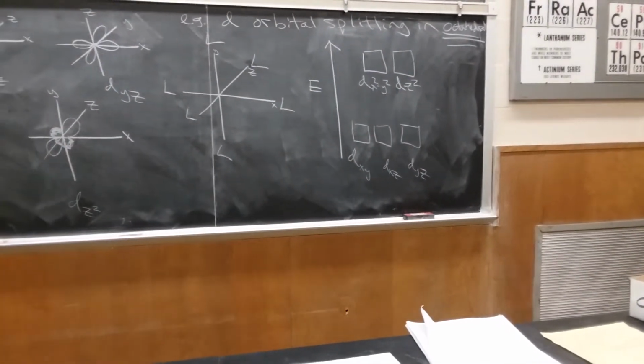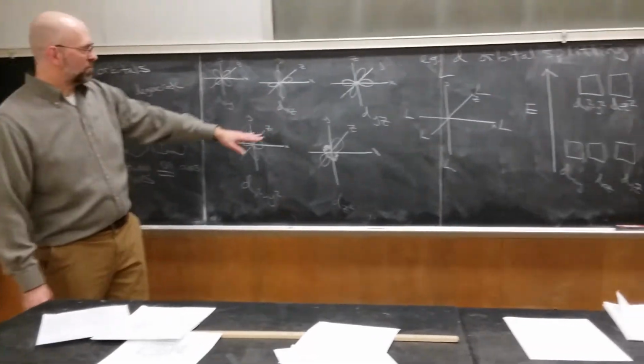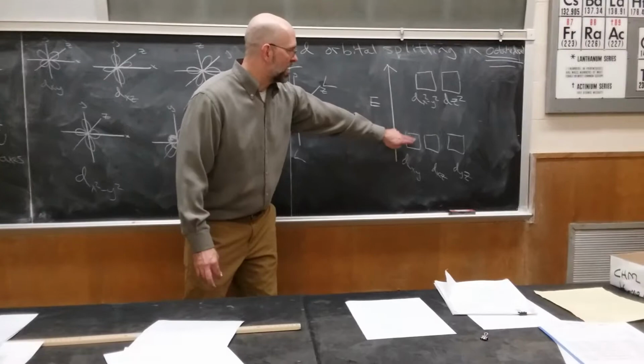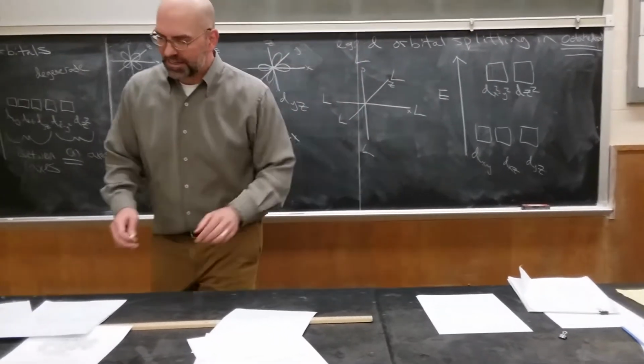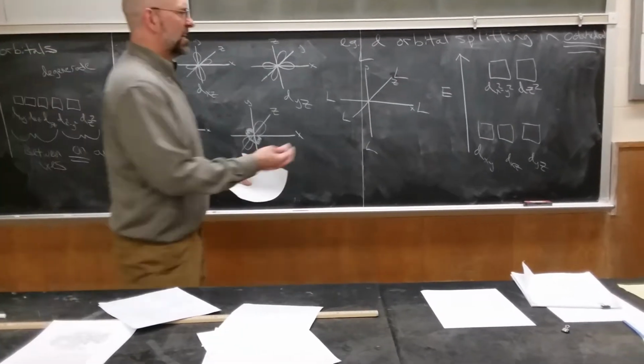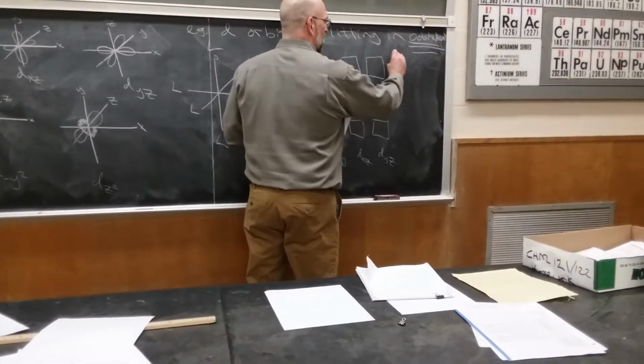This is hugely important, okay, to understand transition metals. So what we have is a splitting of these 5 orbitals into 2 sublevels, 3 and 2. There's a couple things I need to label here, okay? Now I'm not going to get too hung up on this. There's some nomenclature here.